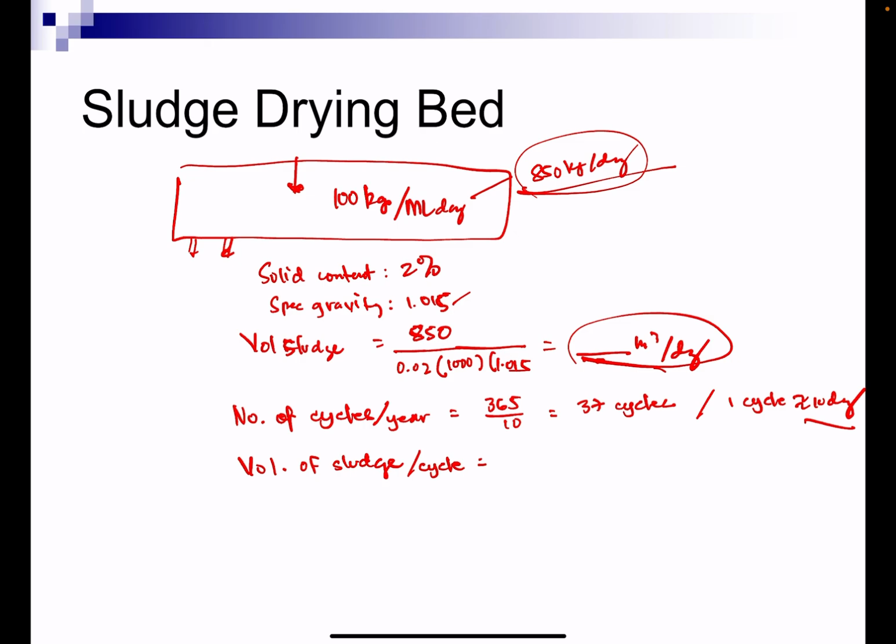And then, if you are to spread it, assuming 0.3 meters per cycle, the area of the bed is equivalent to the volume of sludge per cycle divided by your 0.3 meters per cycle.